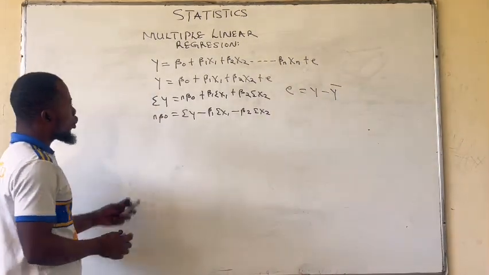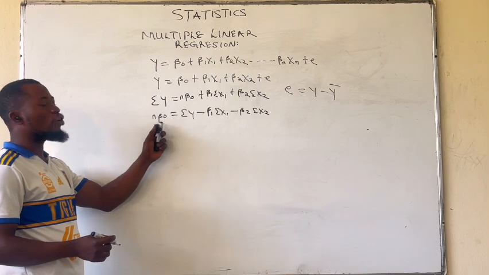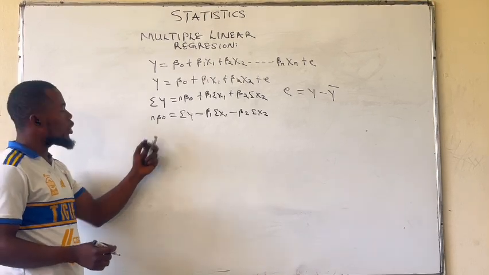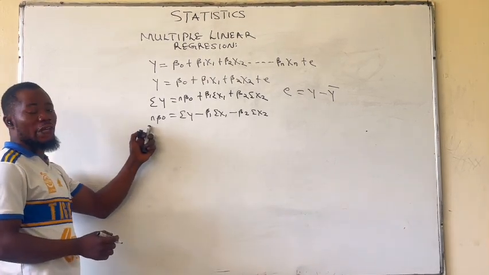Then we will continue. Since it is beta naught we are looking for, not n beta naught, we will divide both sides by n.